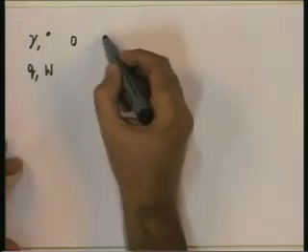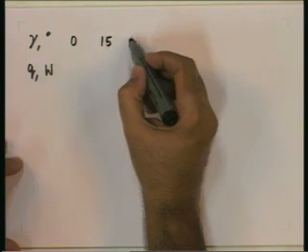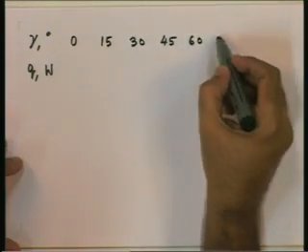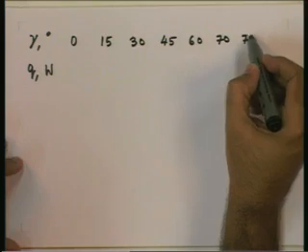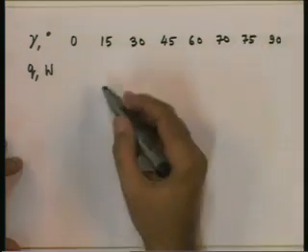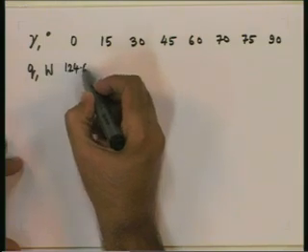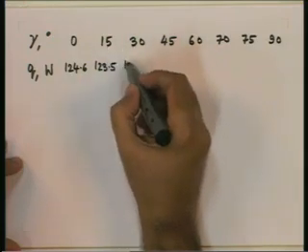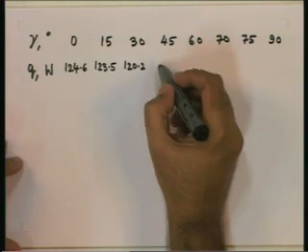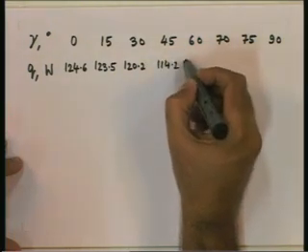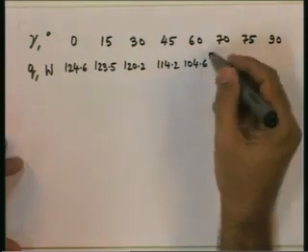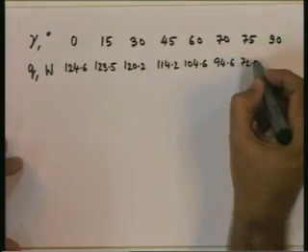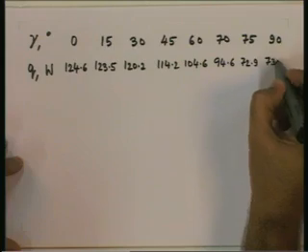We have results for 0 degrees, 15, 30, 45, 60, 70, 75 and 90: 124.6, 123.5, 120.2, 114.2, 104.6, 94.6, 72.9 and 73.5.